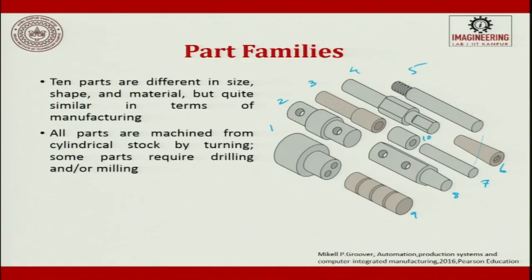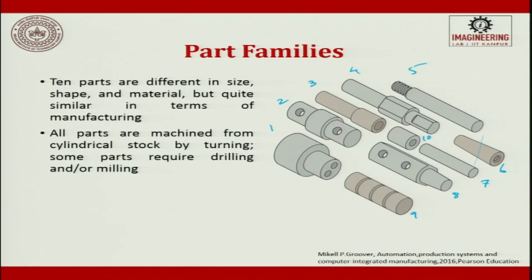So, now for making all these parts, what you need is a machine, minimum a lathe machine. Then in the lathe machine, you can have holes made, grooves made, taper made, right. So, all these things can be made in a shaft.